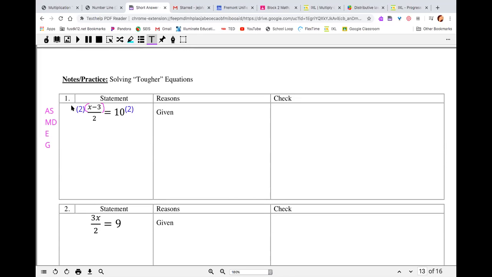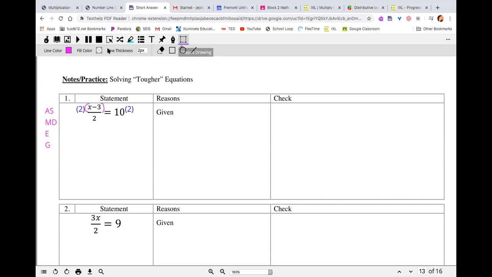So now that I'm timesing both sides by 2, what happens to the 2's on this side? They cancel out. Okay. So those are gone. If I rewrite my simplified version of this.